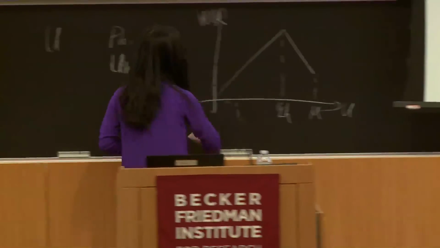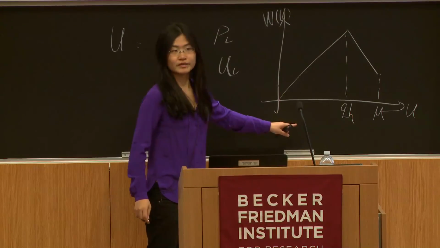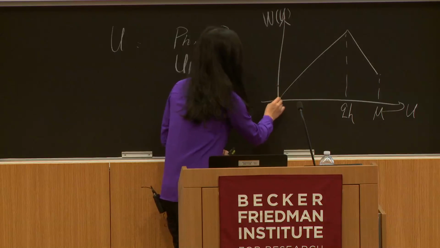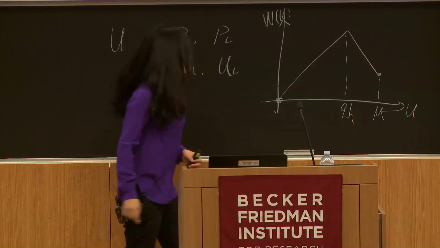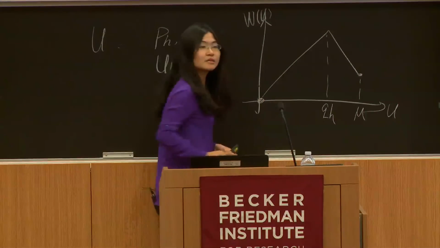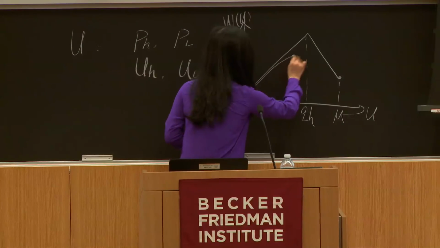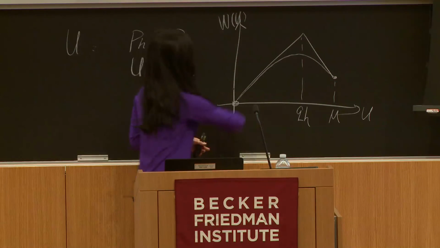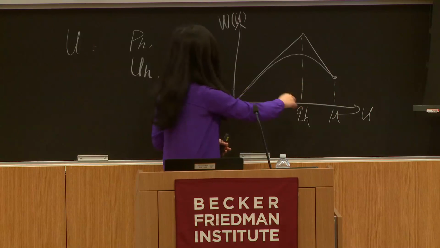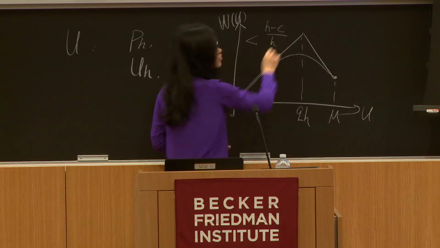This comes from the observation that the second best is below the first best. And the second best is the same as the first best at these 2 endpoints. And also, we know that the second best is a concave function. So if we draw a picture here, we know that the slope of this second best welfare function is below h minus c over h.